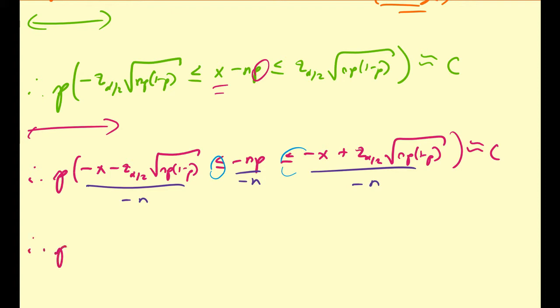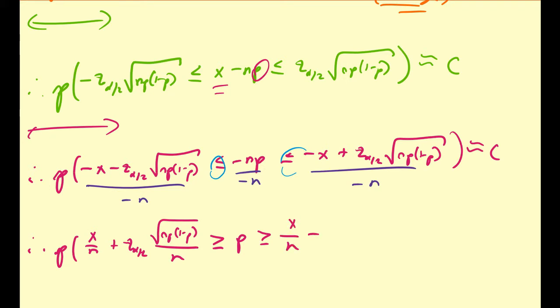So this is going to give me the probability. Negative negative is a positive, X over n. Negative negative is a positive again, so that's going to be plus z alpha over 2 times the square root of np(1 minus p) all over n. That's going to be greater than or equal to p, greater than or equal to negative over negative is a positive, X over n. Positive divided by negative is a negative, z alpha over 2 times the square root of np(1 minus p) divided by n, and that's approximately equal to c.